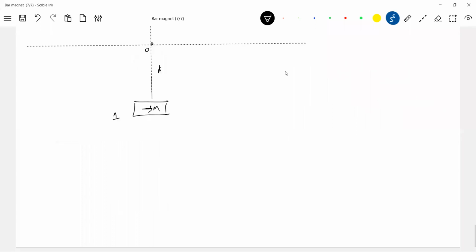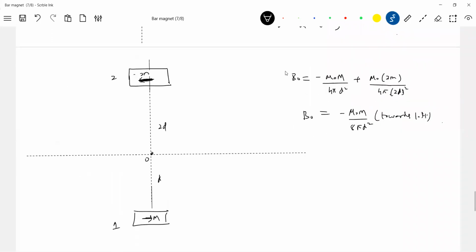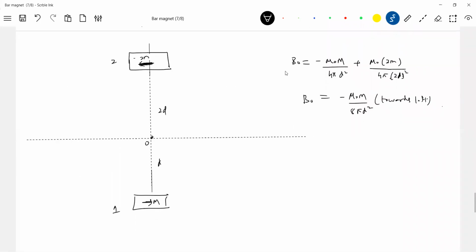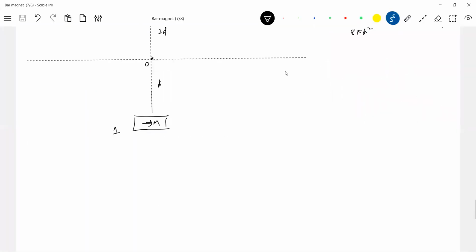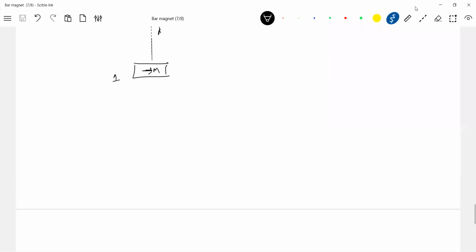Now the bar magnets can be oriented differently. Okay, just see once. I'll scroll down. So let me take another situation.